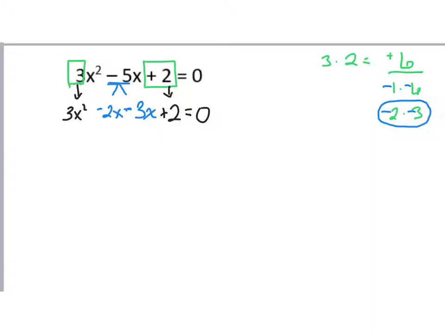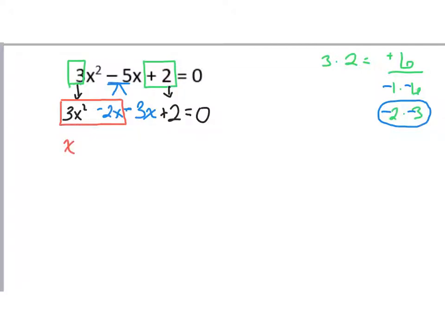Okay? Now, this is called factoring by grouping, because what I'm going to do next is look at just two terms at a time. So if I look at these two terms, I want to say, what can I divide out of both of those terms? Well, 3 and 2, they don't have any common factors, but I have an x squared and an x, which means I could take an x out of both of those terms. Okay?